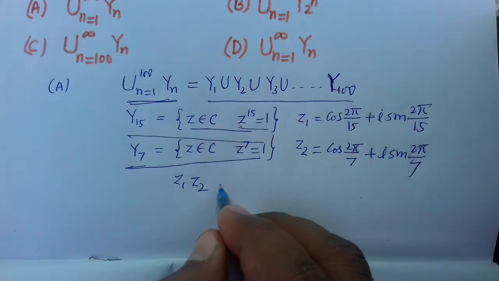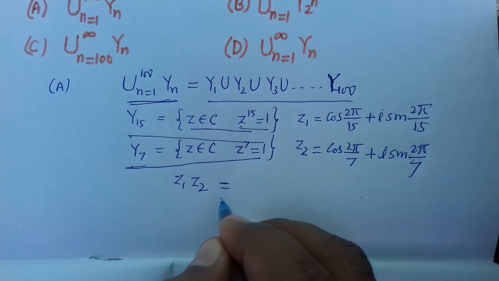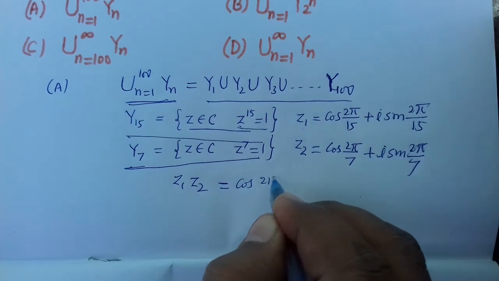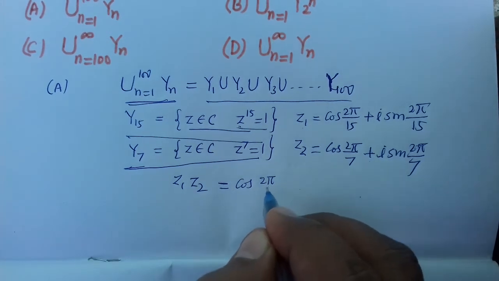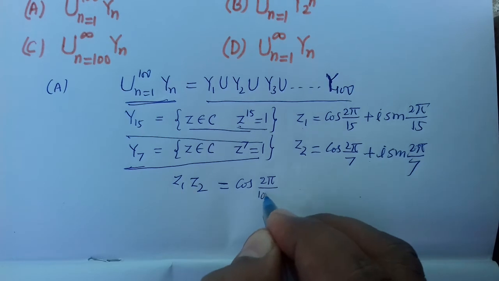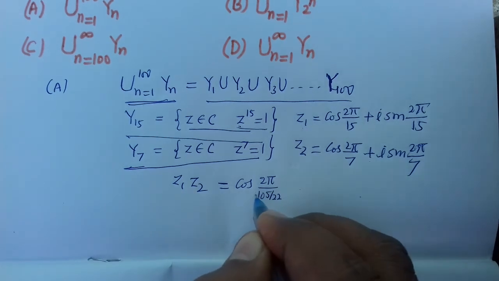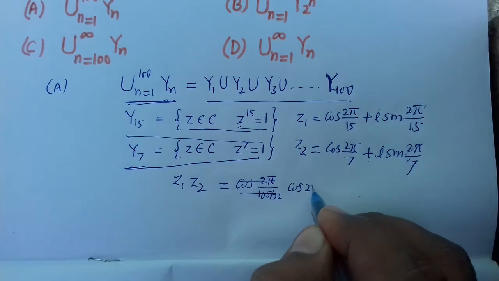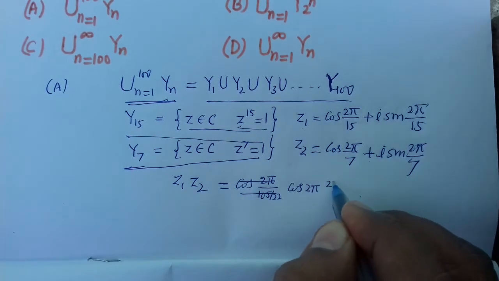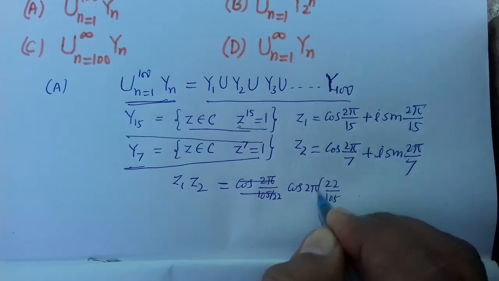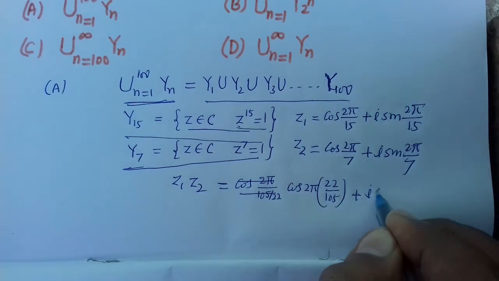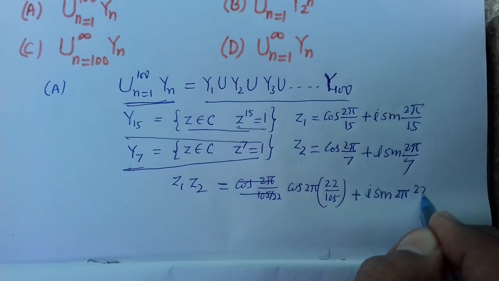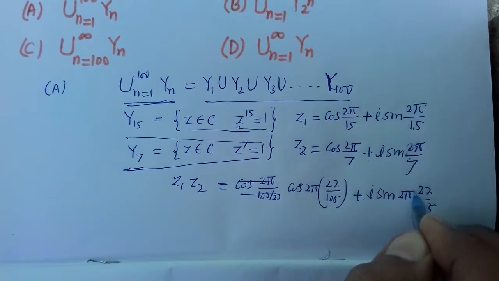Let us find z1 z2. If you go for z1 z2, then this will be 2 pi by 105 times 22, or this can be written as cos 2 pi 22 by 105 plus i sin 2 pi 22 by 105.